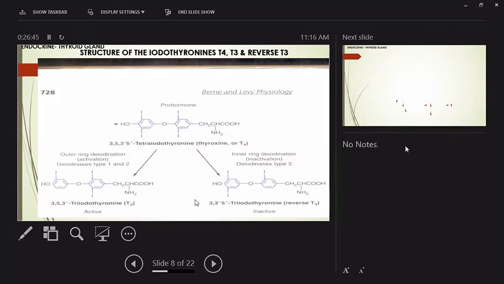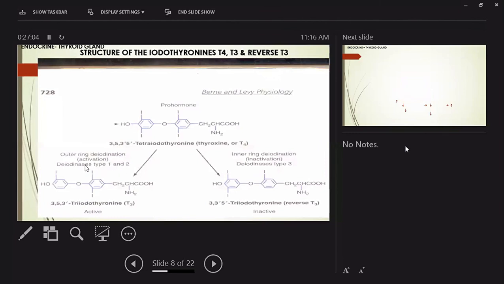Here, inner ring deiodination, so there is inactivation. This will be acted upon by your deiodinases type 3.